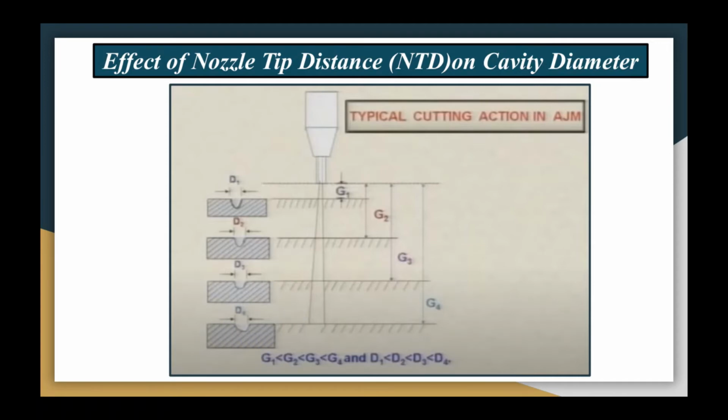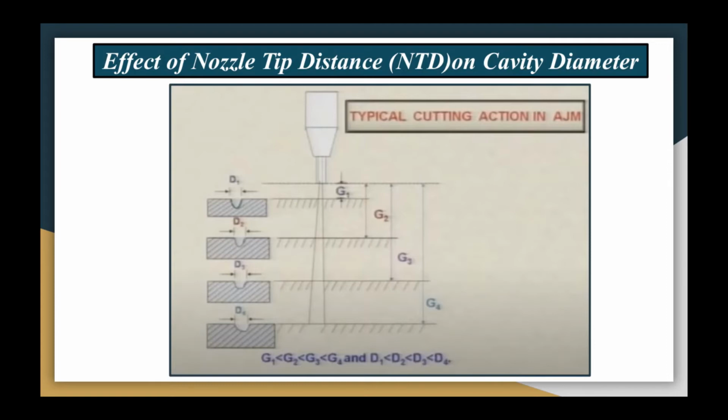As the abrasive particles keep moving further away, their kinetic energy keeps decreasing because of so many factors, and that is why the depth keeps decreasing, but the width or diameter keeps increasing as the SOD keeps increasing.